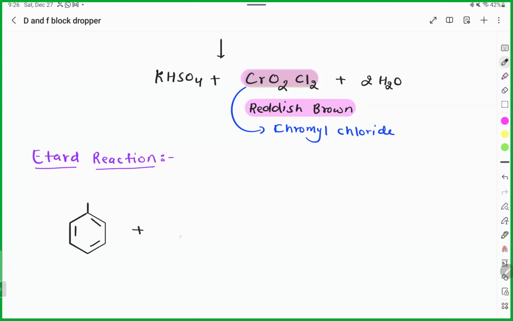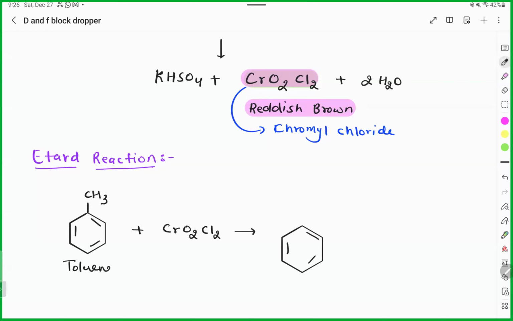Sir, aldehyde is produced using chromyl chloride and chromium complex intermediates. Yes, but what is the reactant? Methyl benzene, sir. Yes, you have toluene, which is methyl benzene.